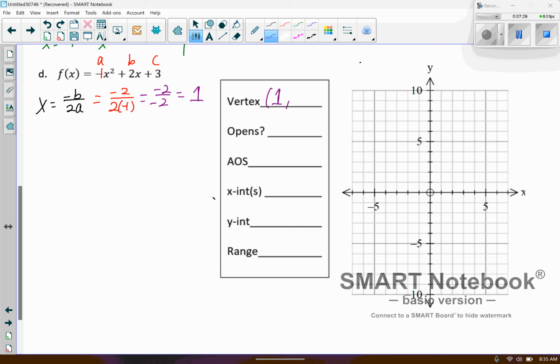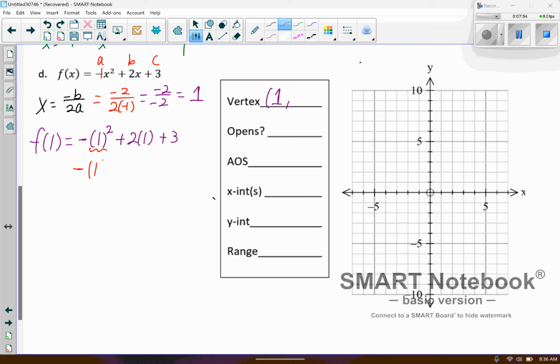Now I have to figure out the y value, so I plug 1 into the function. f of 1 is negative, and then 1 squared. Be careful, the negative is applied after the power. I'm going to square it first, and then the negative gets applied.